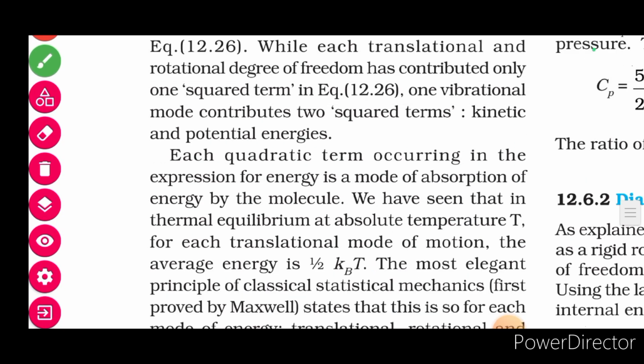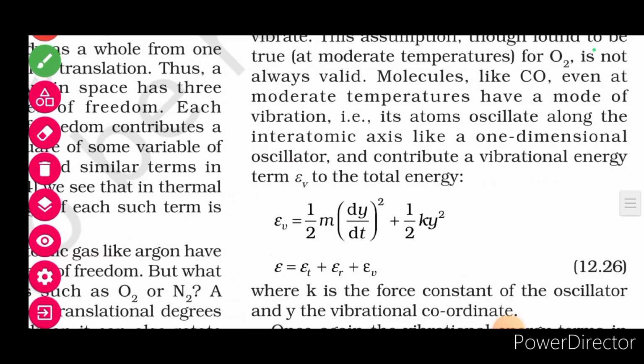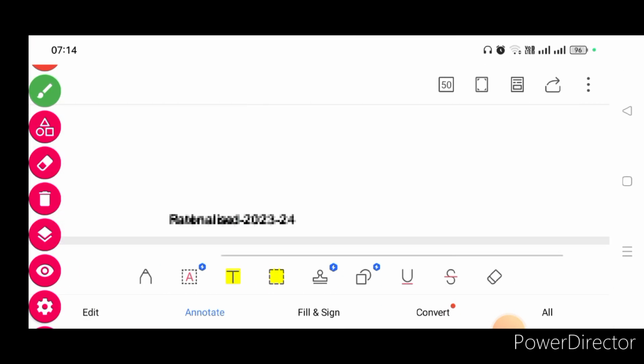While each translational and rotational degree of freedom contributes only one square term, one vibrational mode contributes two square terms, kinetic and potential energy. One is obviously the kinetic energy, half m v square, and the other is the potential energy.